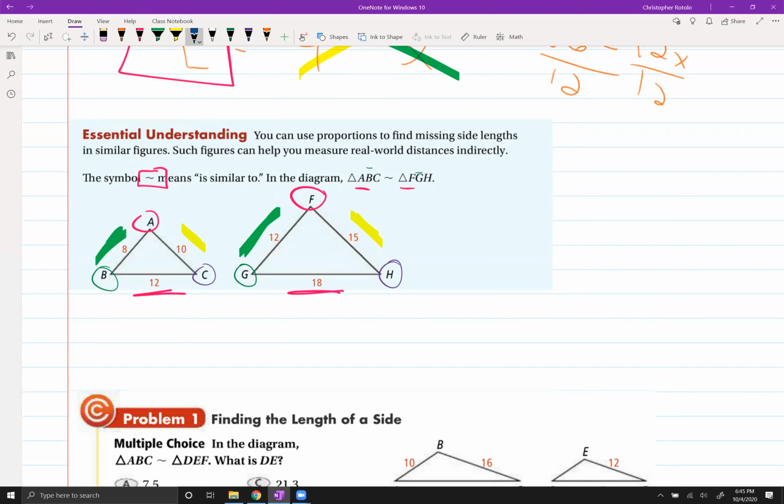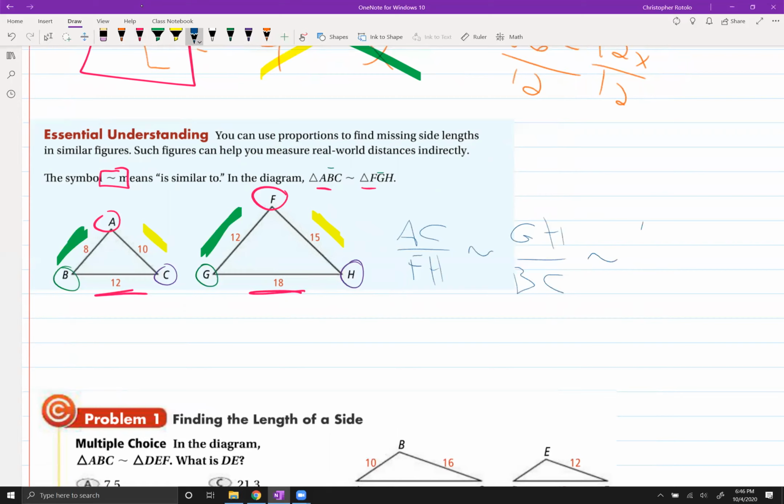Okay, so I might say that AC is going to be the same as FH. Okay, I might say GH is going to be the same as BC, and I must also relate AB to FG. So I want the order of those letters to match.